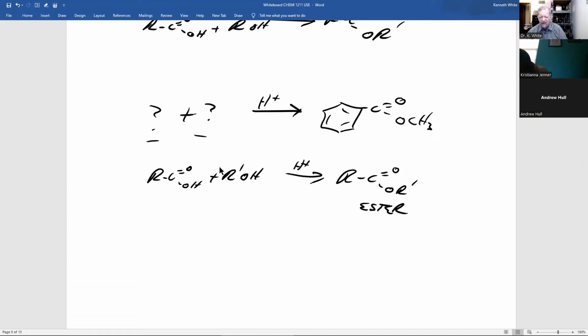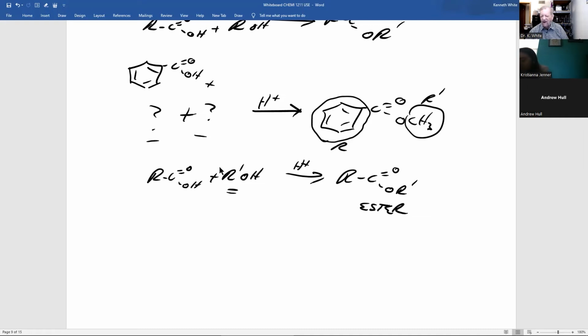And if we come back to our ester, this is my R group, and on the oxygen, this is my R prime. Once you have that, you know that my carboxylic acid would be benzoic acid, and my alcohol, R prime, is methanol. And that's how you make an ester.